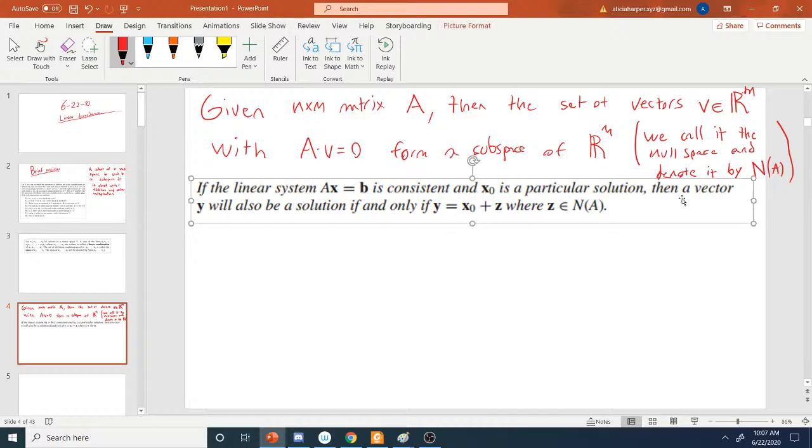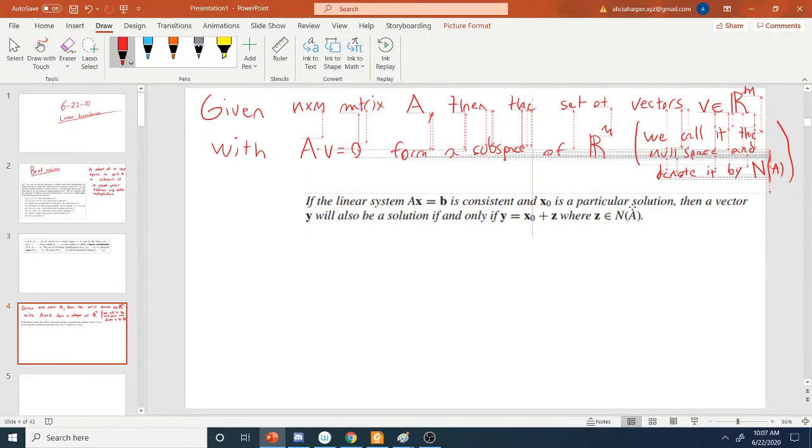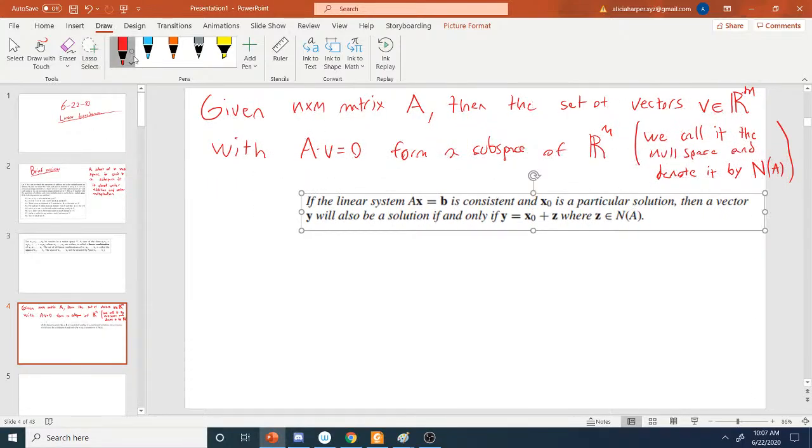And next we have the following theorem about null spaces. This is a theorem about finding solutions to linear systems. Suppose we have a linear system Ax = b. Suppose it's consistent and that x naught is a particular solution.